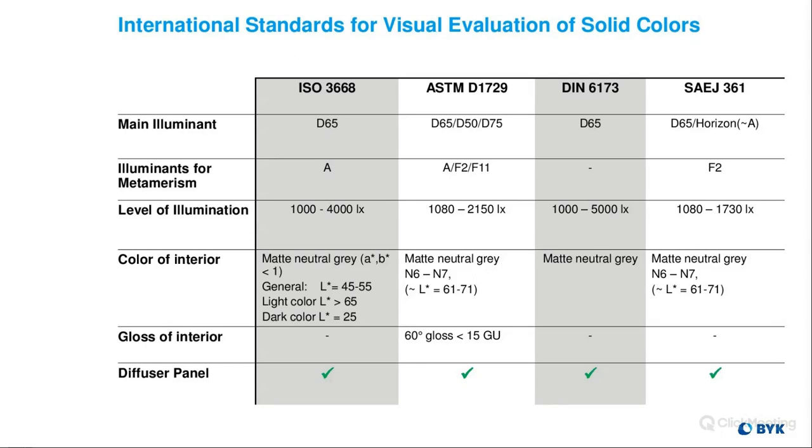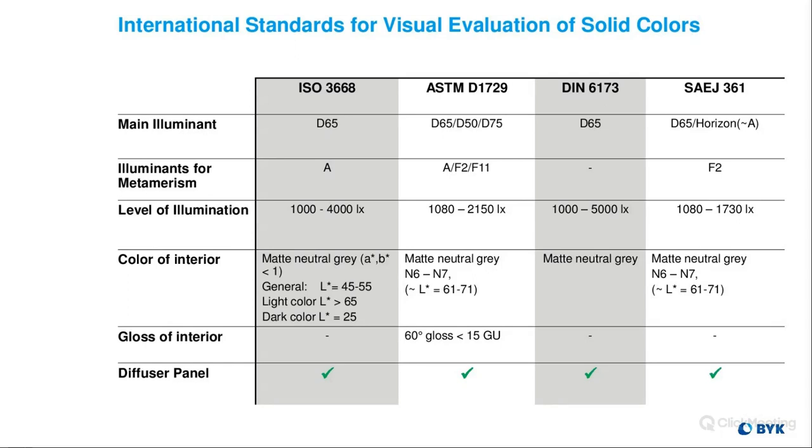And we see that in all of these methods here, they all call out for a matte neutral gray surrounding color. That's very important. And in some cases, they even call out the specific values for that gray color, because we don't want any influence of surrounding environmental colors playing a role in how we're evaluating our samples.